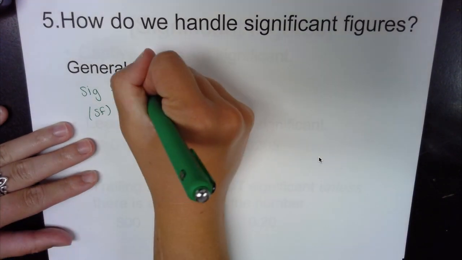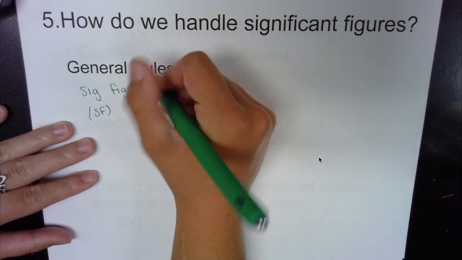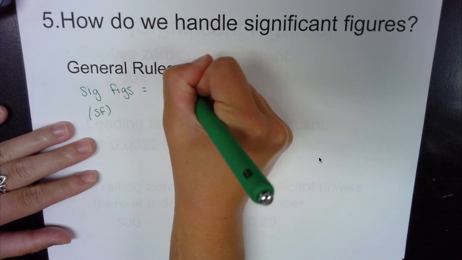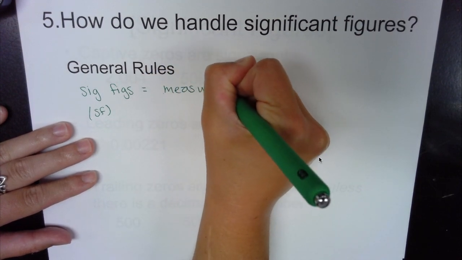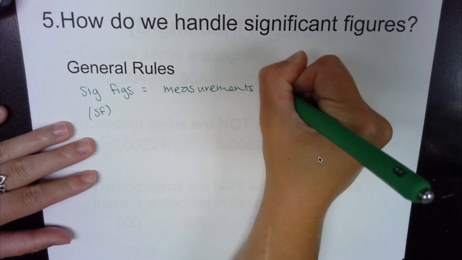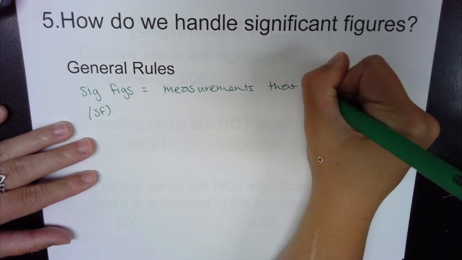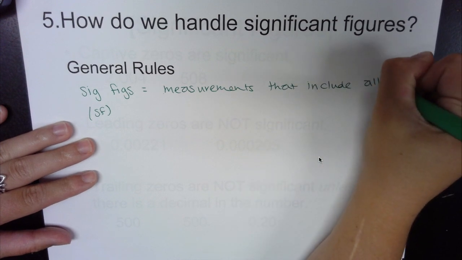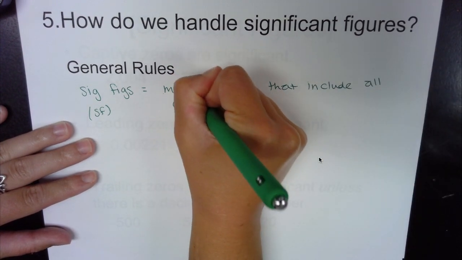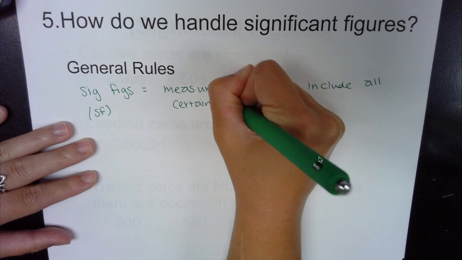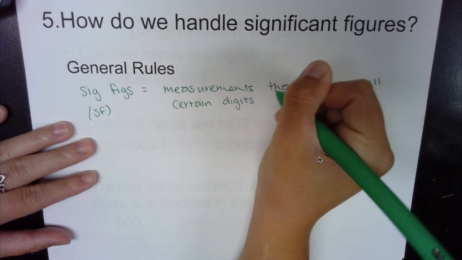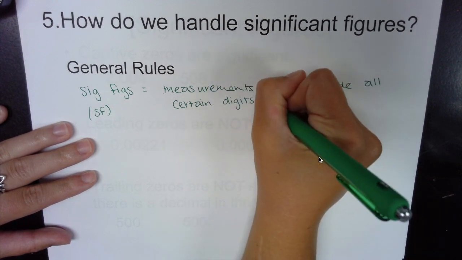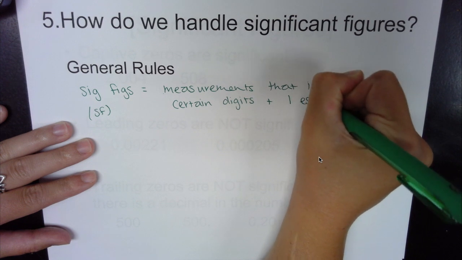Sig figs are a measurement that includes all certain digits plus one estimated digit.